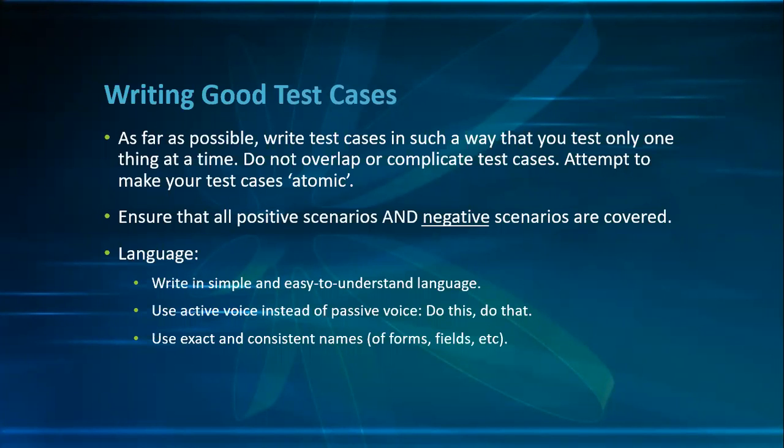Let me give an example. If you want to test just registration, in registration there's a first name field, there's a last name. If you put everything into one, you find out that if one field fails, you can't go further.